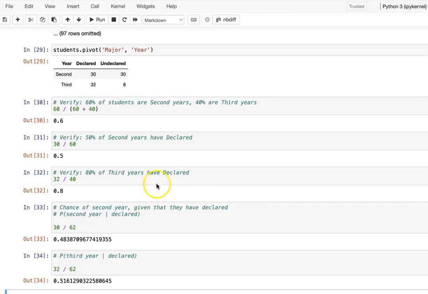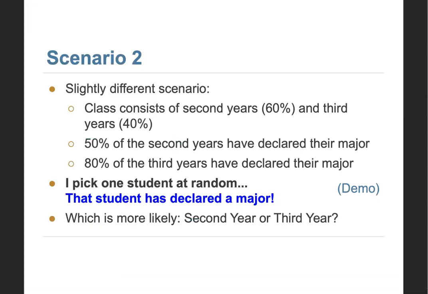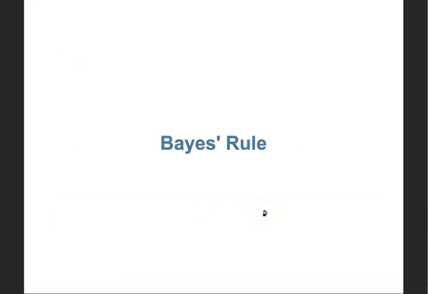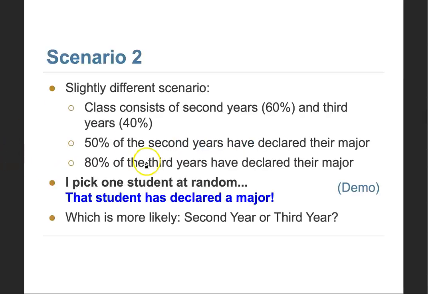Here we can make a table to list all the persons, whether they declared, and their year. But we also have another way to do that. We will talk about the Bayes rule in the next video because we only have 1 minute left. So that's our conditional probability in the first lecture video.